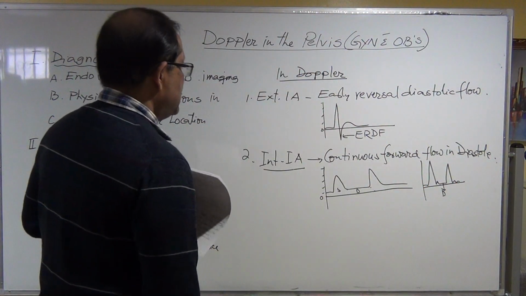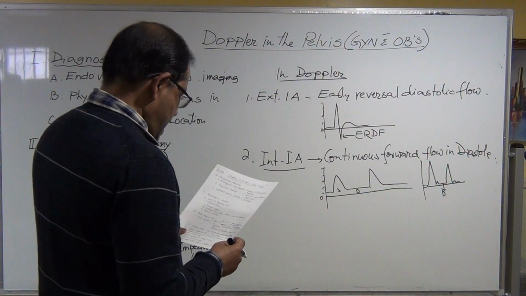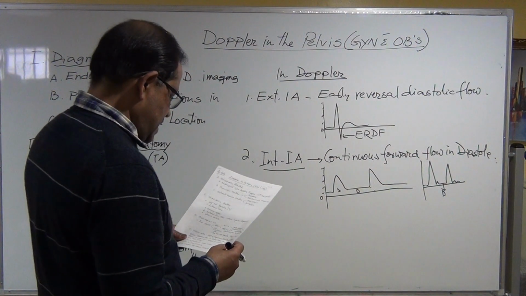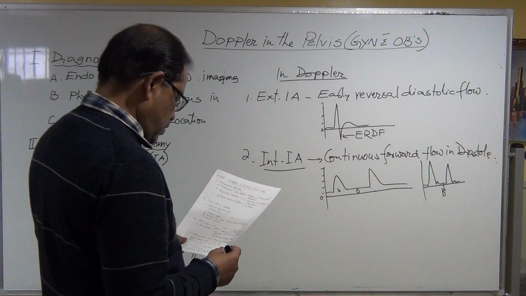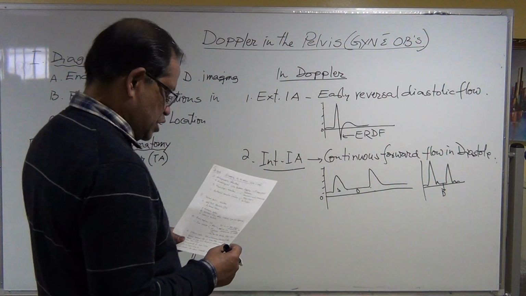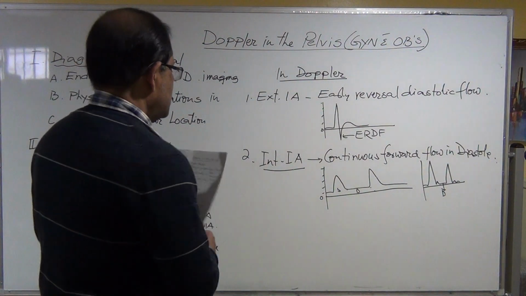Okay, so the internal iliac artery you're going to see that, and the iliac veins have continuous flow and may have respiratory variation.